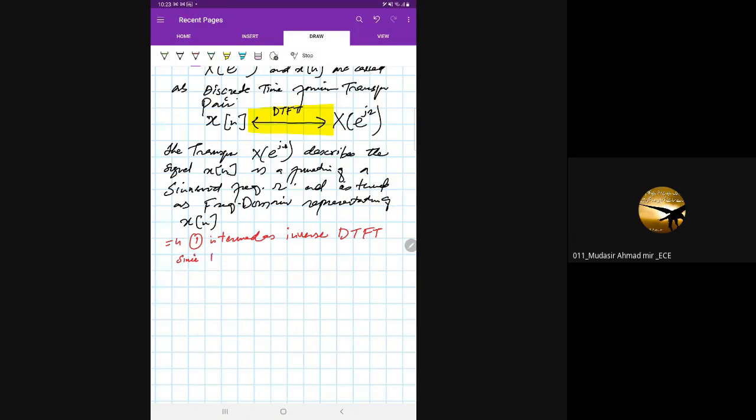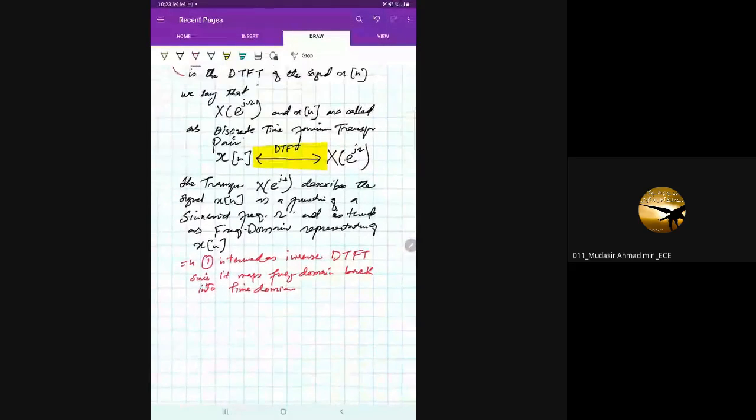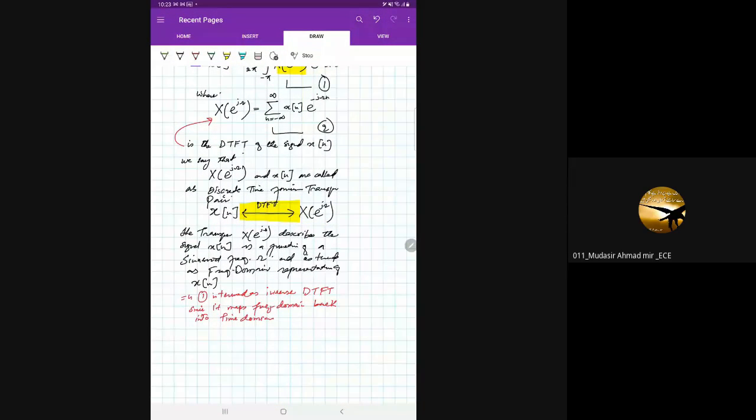Because it maps frequency domain back into time domain. That means if you take the inverse of the Fourier transform, you will obtain x of n mathematically. And since it transforms the discrete time Fourier transform back to time domain, that is why it is known as the inverse of discrete time Fourier transform.